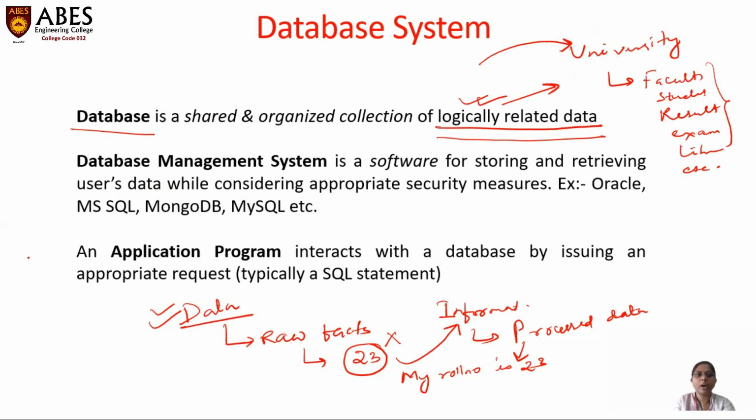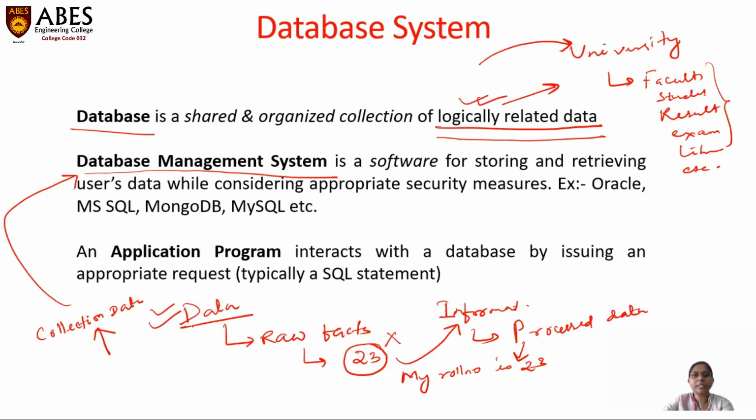Next, we have a term that is database management system. In simple terms, we have a collection of data, and that collection of data can be stored in a database. And if we want to do certain manipulation on this data, then we require a database management system.